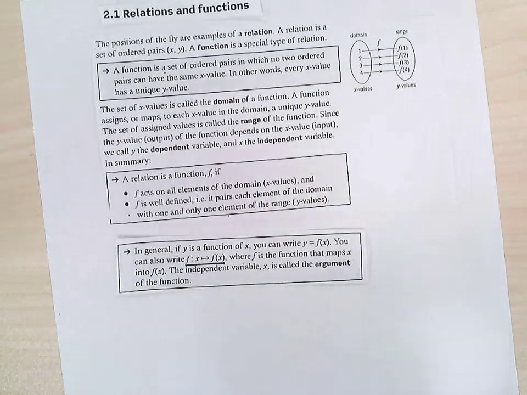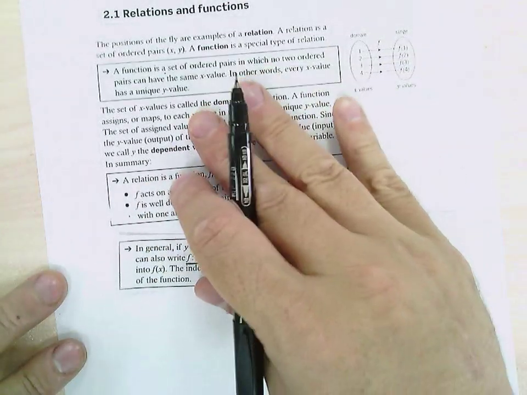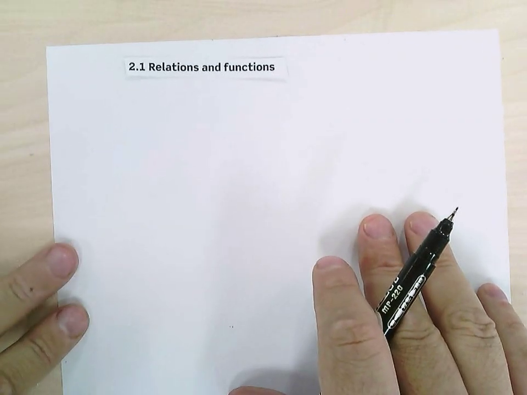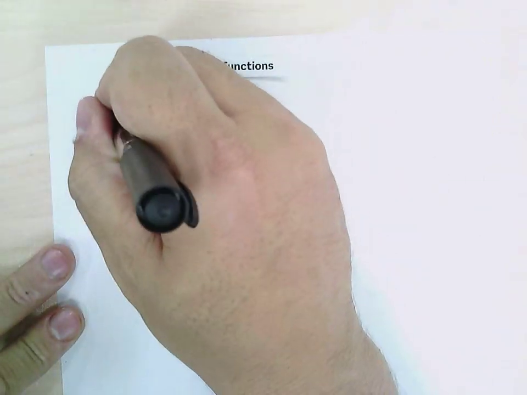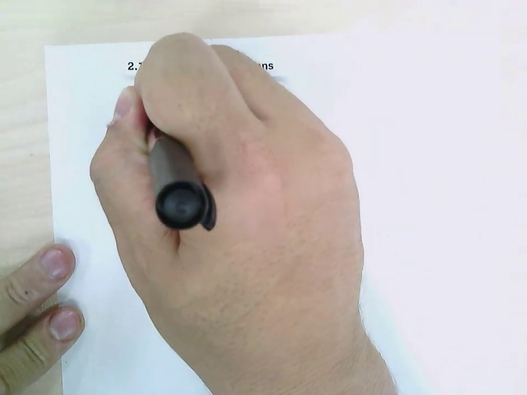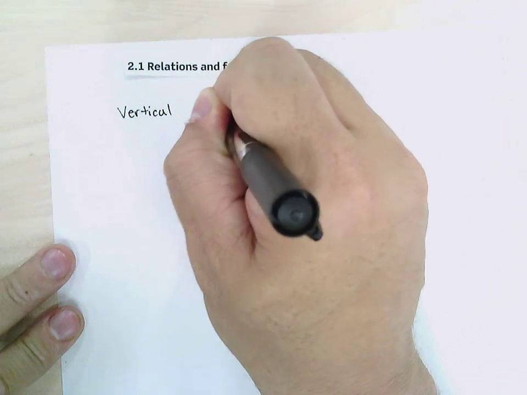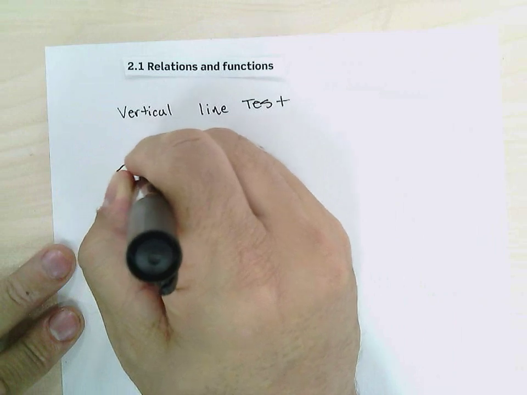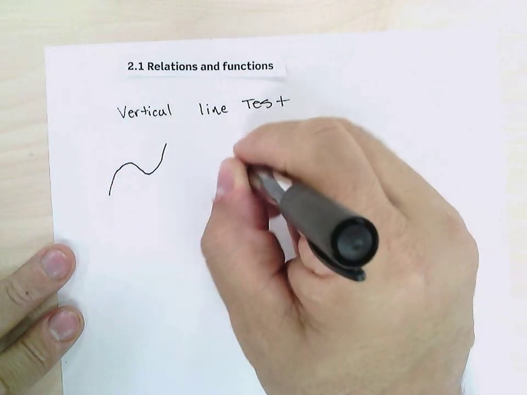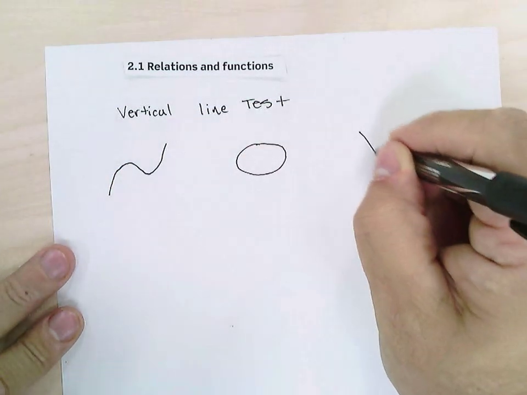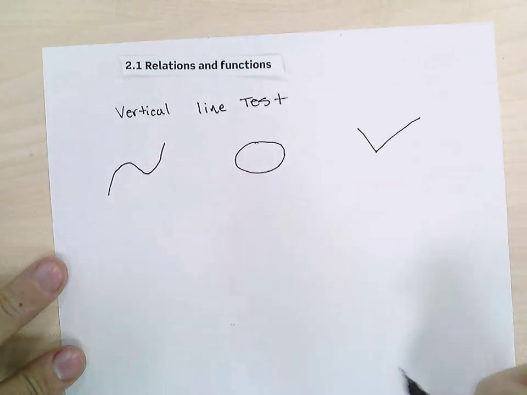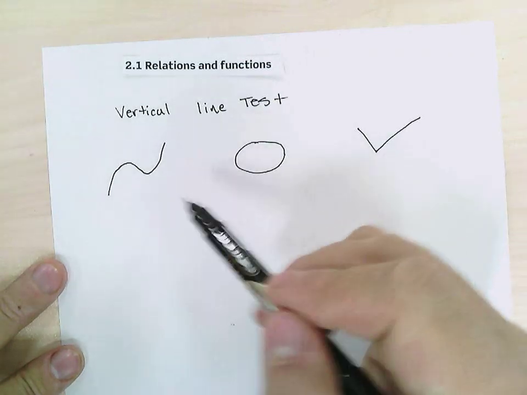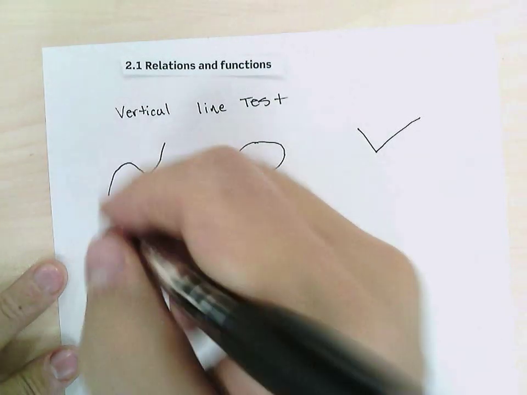Also, to go over really quickly, I'm sure you remember, we can test graphically if something's a function by the vertical line test, right? I'll just draw a couple of examples. The vertical line test says if you can draw a vertical line anywhere on the graph and it only crosses once, then that's a function.